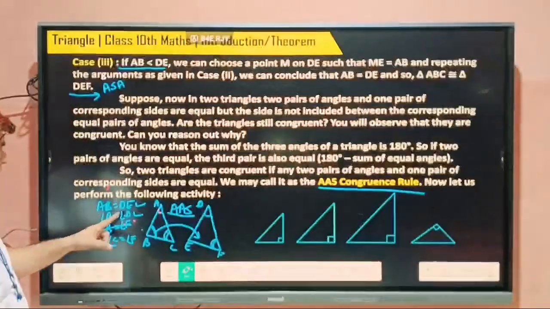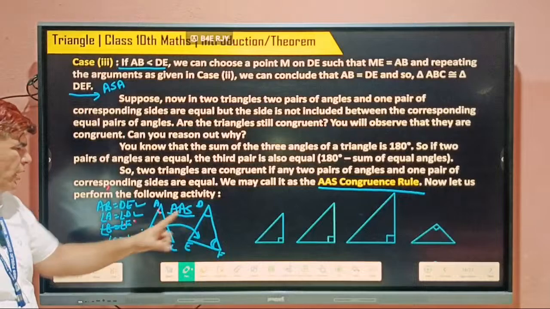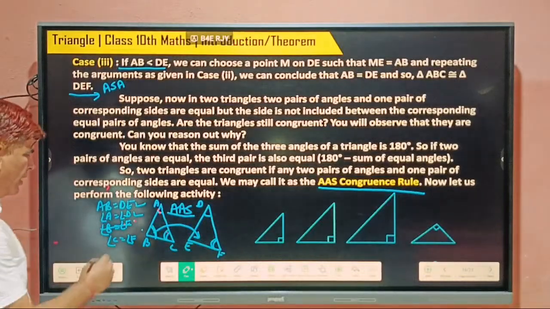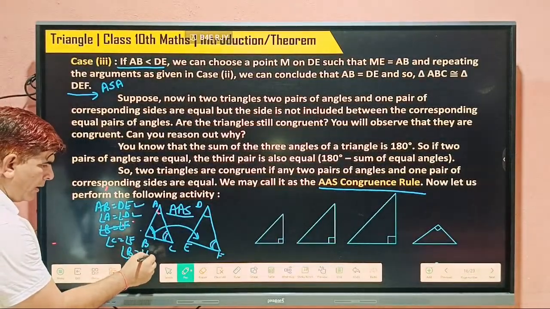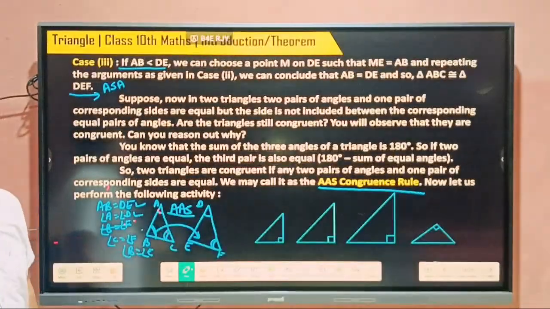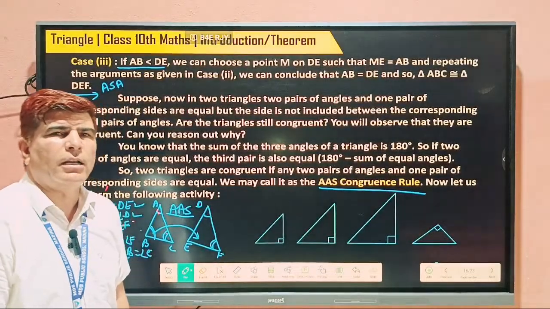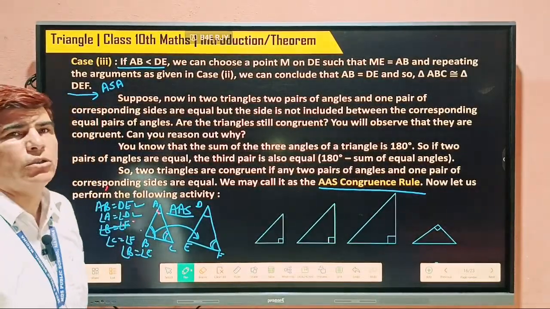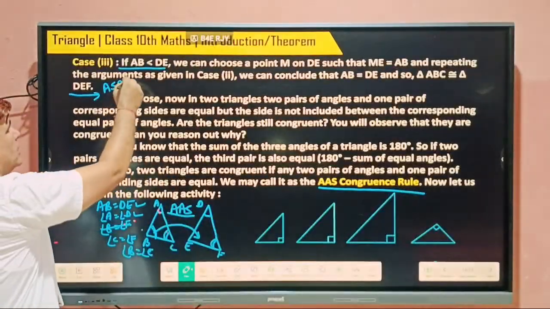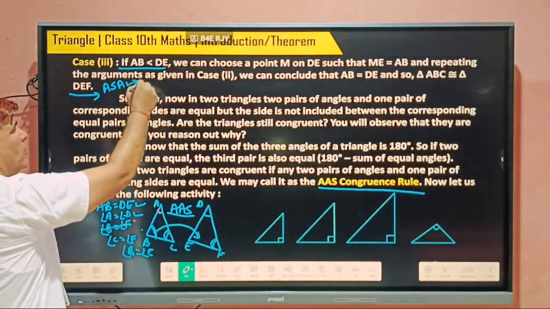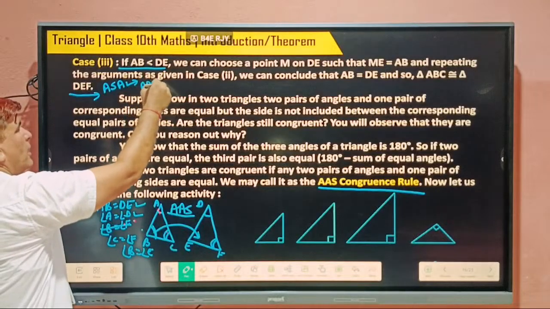If angle A equals angle D and angle C equals angle F, then definitely we can say angle B equals angle E. Why? By the angle sum property. Of the three angles in a triangle, two are equal, so the third becomes automatically equal. And that one is ASA, and this one becomes AAS.